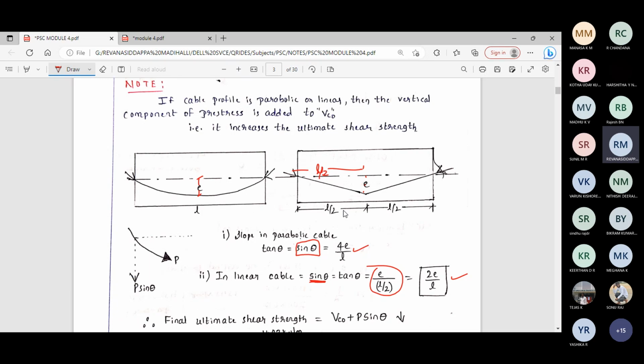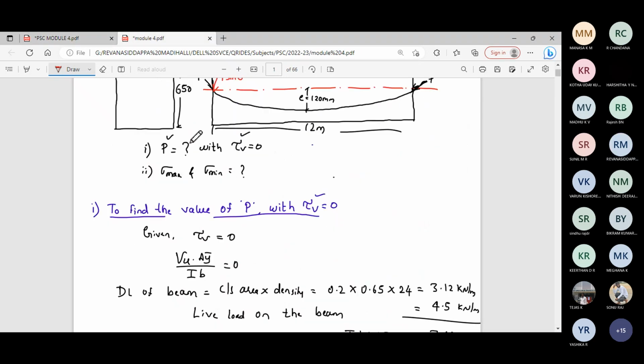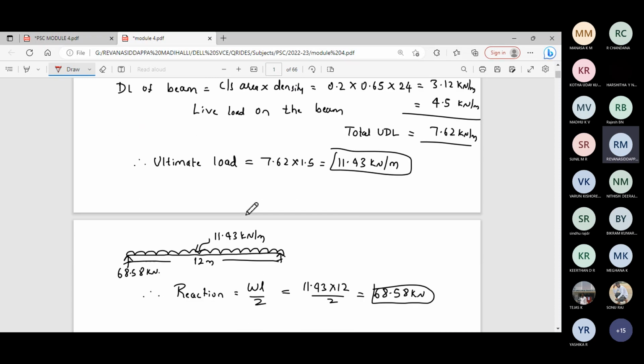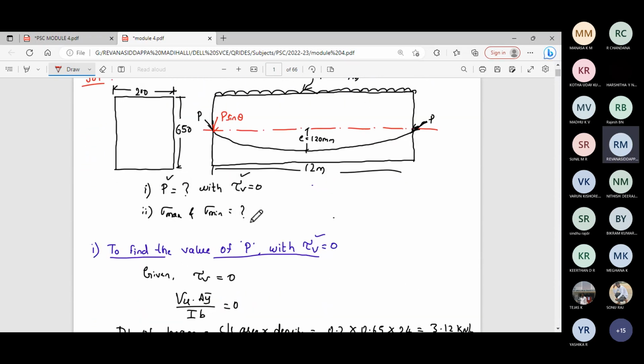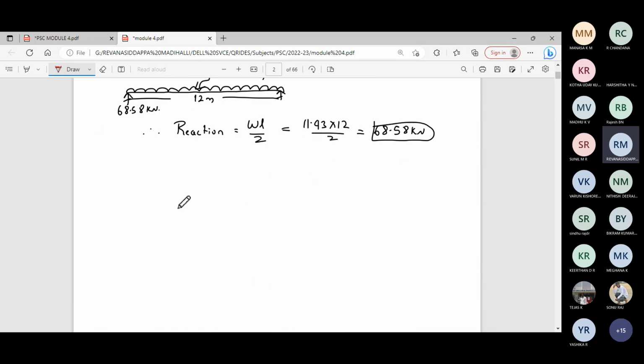If it is a linear cable, you need to take 2E by L. Now, whatever the cable given here, it is a parabolic cable, so sin theta value is equal to 4E by L.